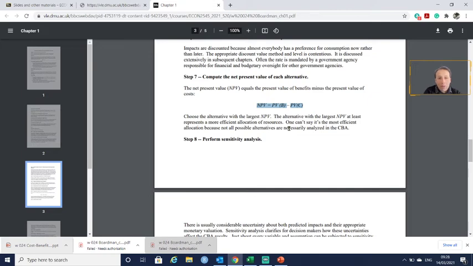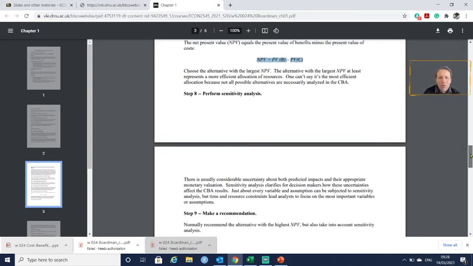So you will need to assess what happens if the discount rate fluctuates to a certain level, or what happens if inflation increases, or if unemployment continues increasing, etc. So as you can see, a sensitivity analysis is needed in order to know within what threshold our analysis is going to be.